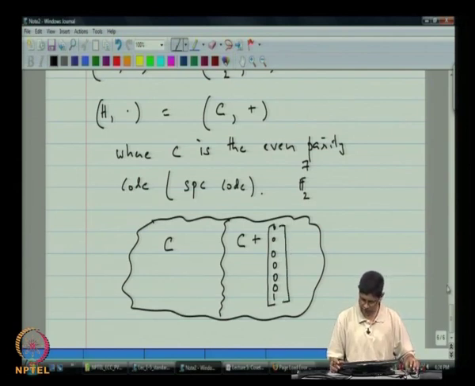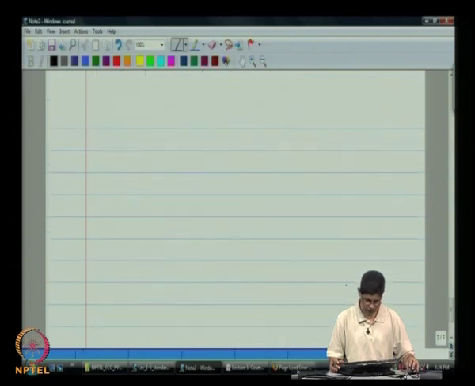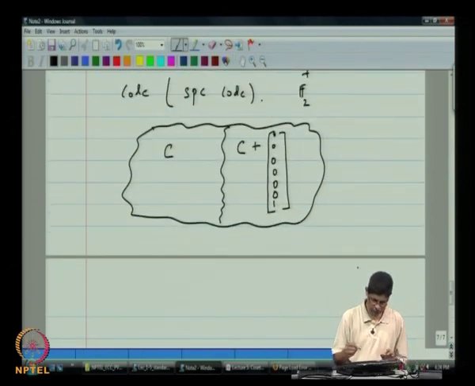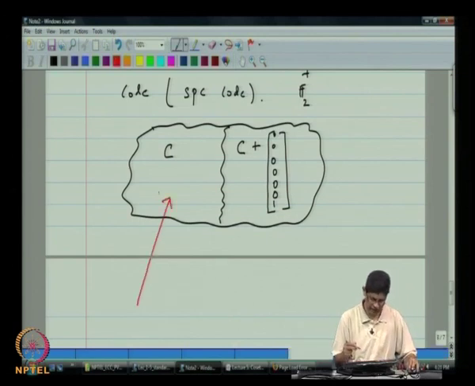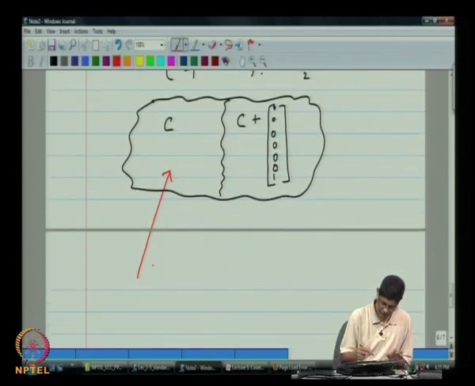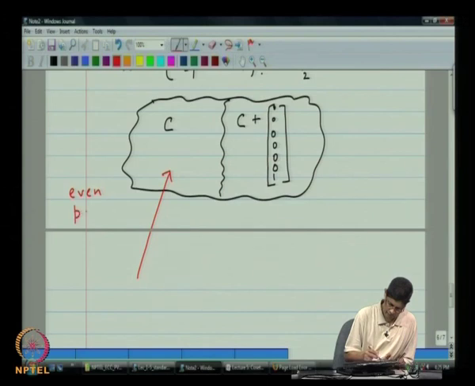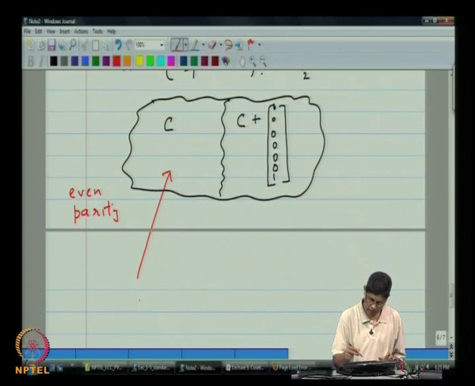So basically what we have here are the even parity vectors, and on this side we have the odd parity.